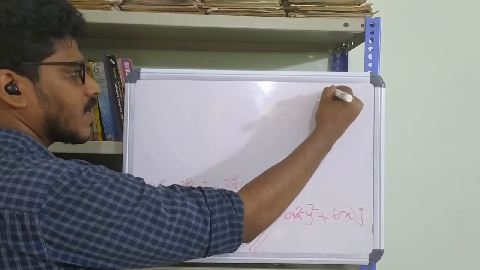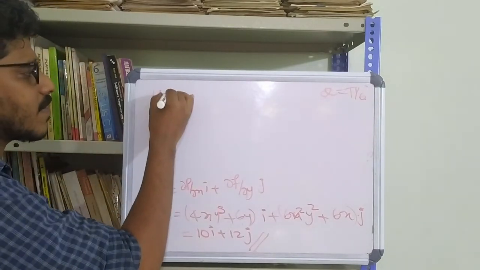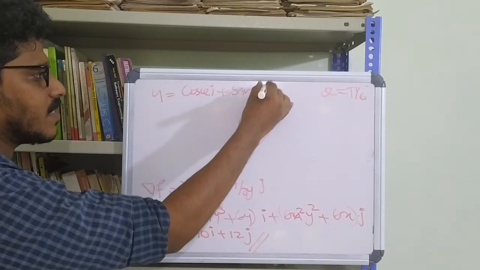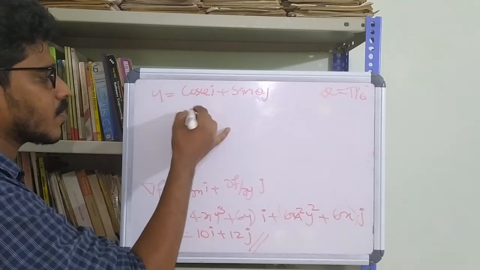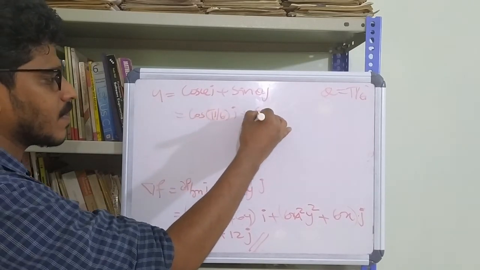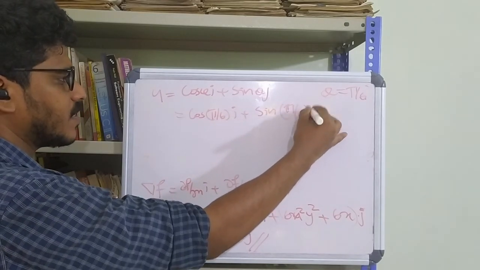So theta was actually pi by 6. The unit vector was given as u equal to cos theta i plus sin theta j, and we know what theta is. So this is cos of pi by 6 i plus sin of pi by 6 j.